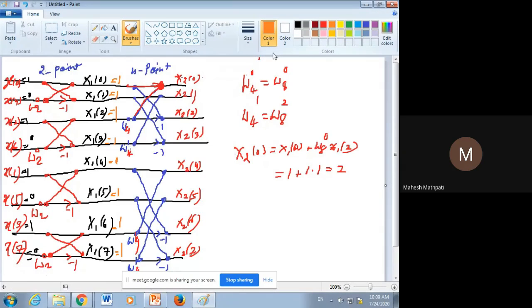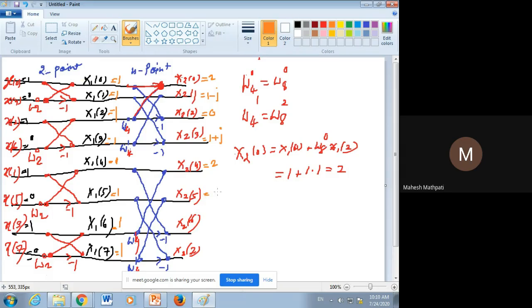Yes, have you got the values? x2 of 0 is how much? 2. x2 of 1 is 1 minus j. The next, x2 of 2 is 0. The next, x2 of 3 is 1 plus j. x2 of 4 is 2.